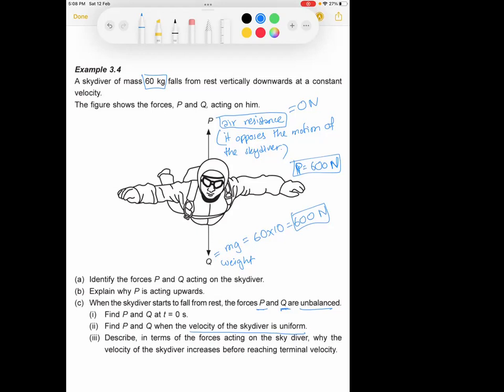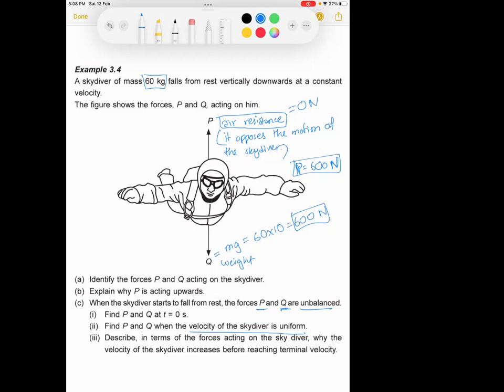Last question. Describe in terms of the forces acting on the skydiver why the velocity of the skydiver increases before reaching terminal velocity. Isn't it because it's overcoming the air resistance?